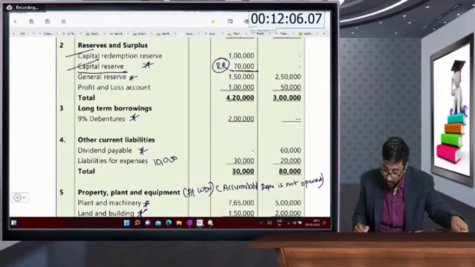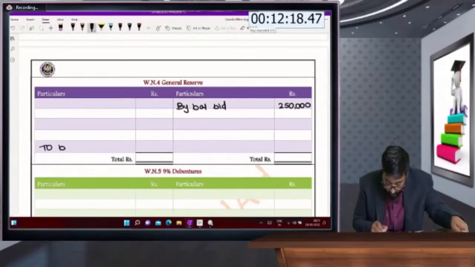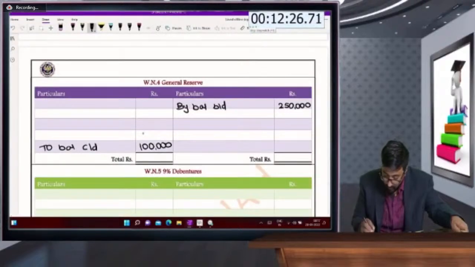By balance brought down 2,50,000, and to balance carried down 1,50,000.